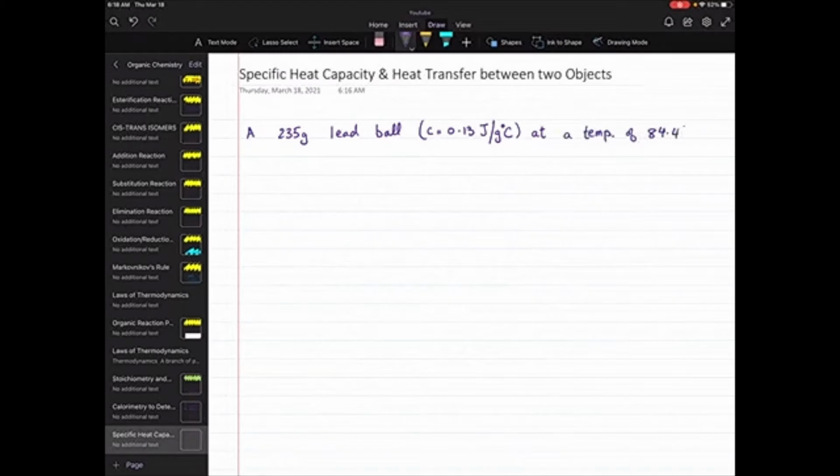84.4 degrees Celsius, is placed in a light calorimeter of negligible specific heat capacity.